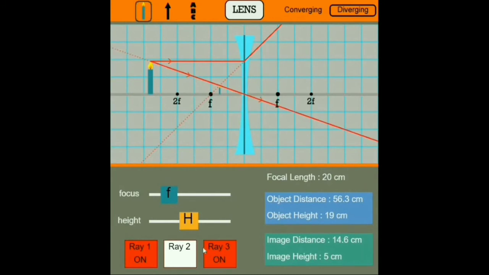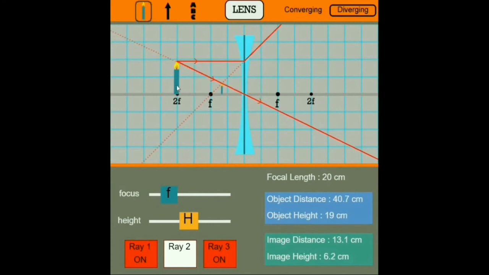It directly goes on, and when we extend back the refracted ray, they will meet at this point. Now let us see the magic by changing the position of the object on the principal axis. Now it is beyond the center of curvature.